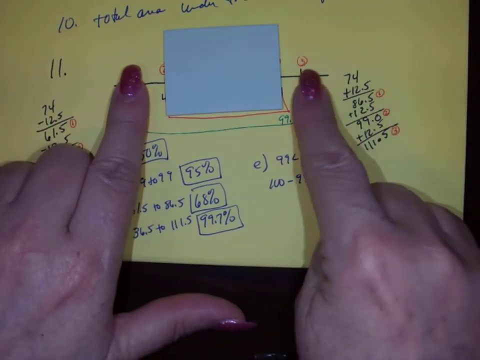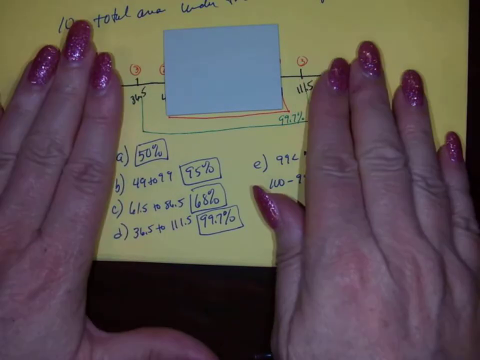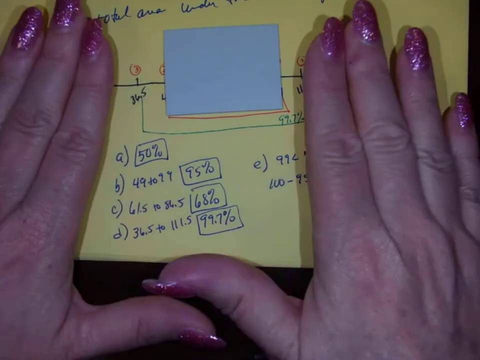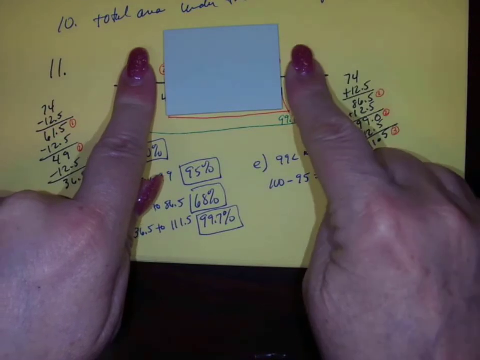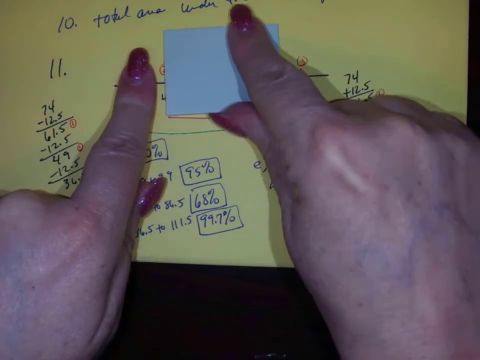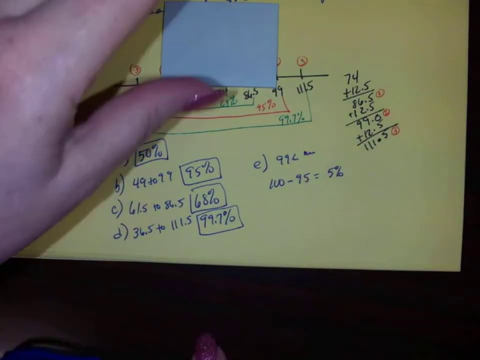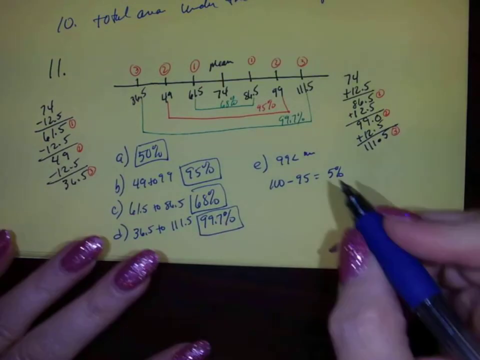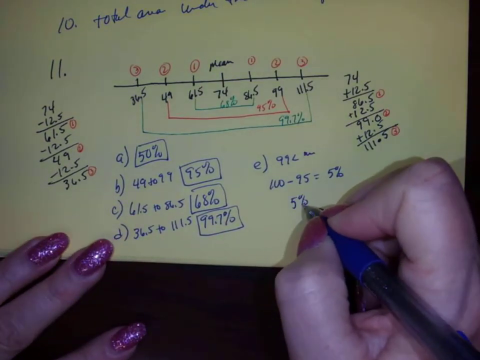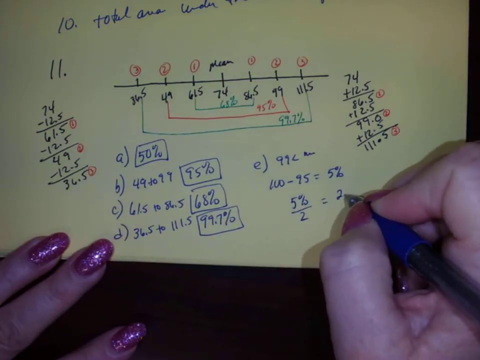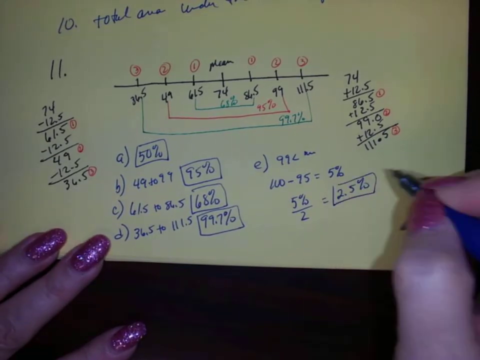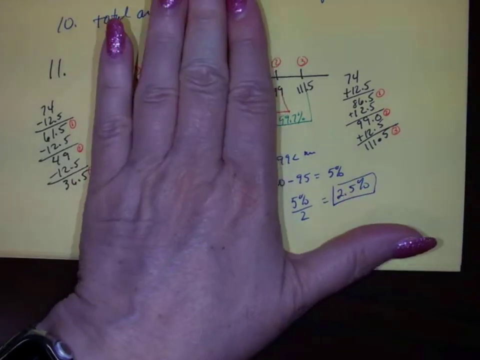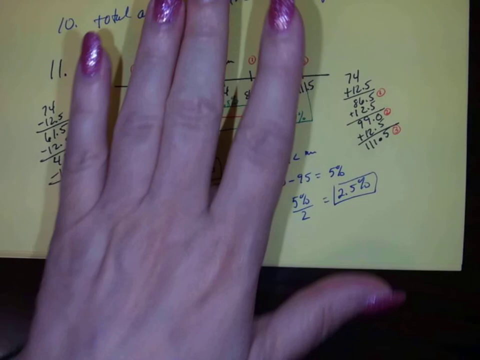But we only want the part up here, so we have to divide that number in half, because half of that 5% is here and half of the 5% is here above that 95%. So if I take the 5% and I divide it by 2, I get 2.5%. So 2.5% of my data is going to be above 99.